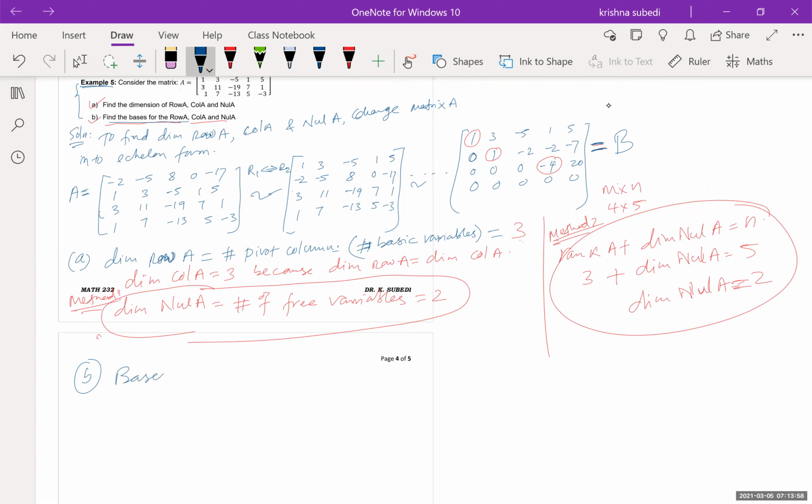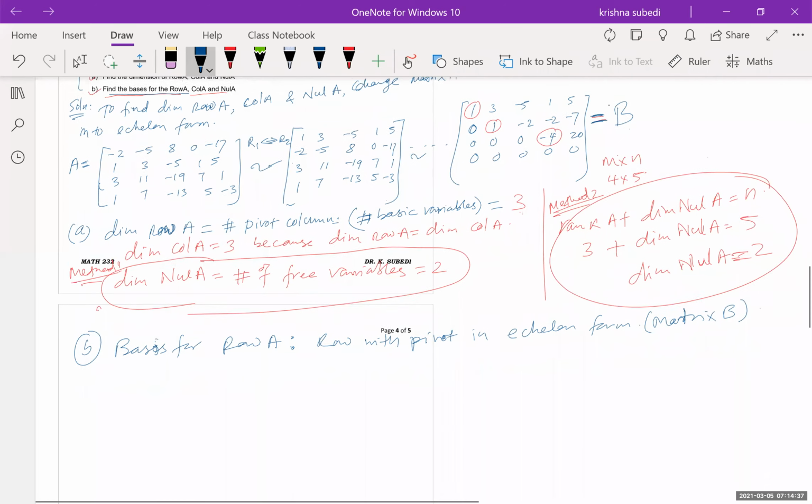We know that the basis for a row space of A is given by the rows with pivot in the echelon form. That means in matrix B in our example.